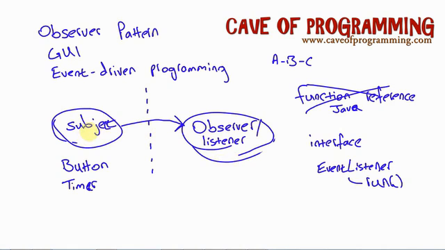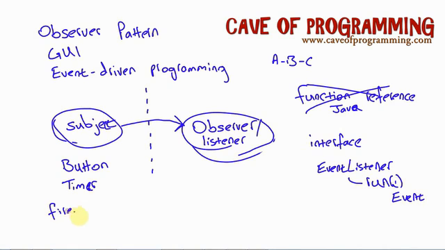Also, often the subject needs to pass data to the observer, and it can do that simply by giving run an argument. Usually we make the argument of some particular type, which we call an event, and we talk about the subject firing an event.